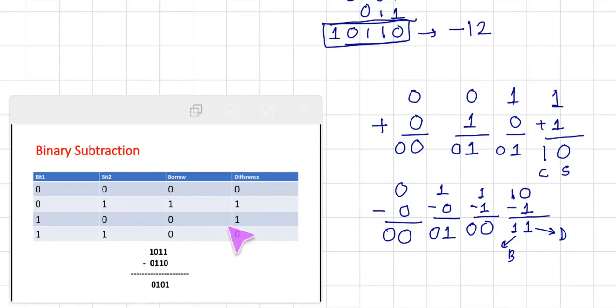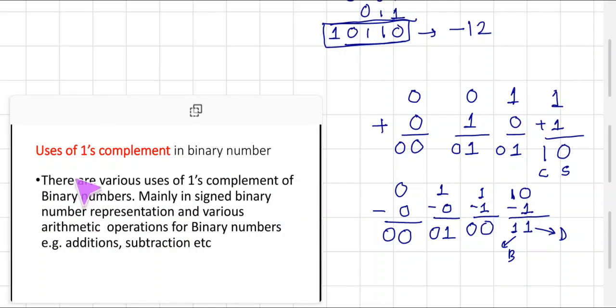Now this subtraction or addition can also be done using the 1's complement form or 2's complement form, that you remember. So see, the use of 1's complement in binary numbers.